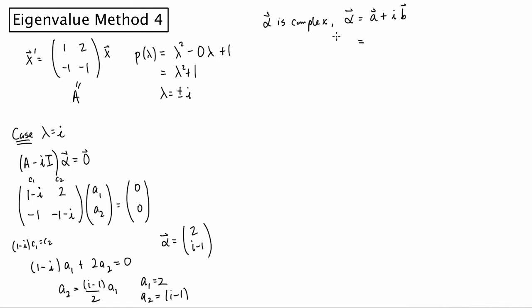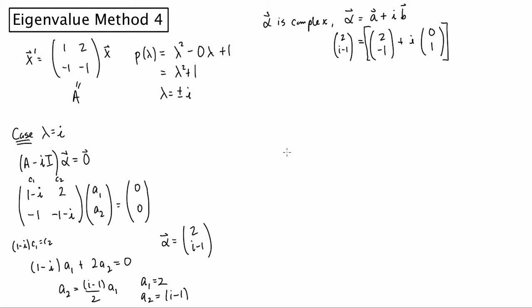So the vector alpha is 2 over i minus 1, where the real part of that vector is the 2 and the -1. And the imaginary part of that vector is 0 for the top component, and the bottom component has an imaginary part of 1. And so you can see here that I've decomposed my eigenvector into its real and imaginary parts.